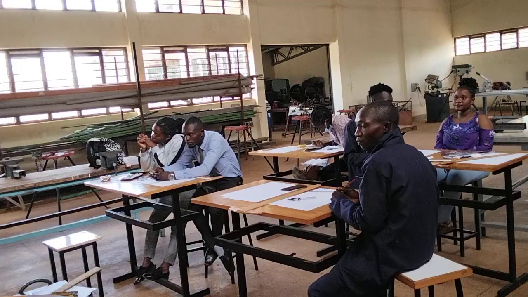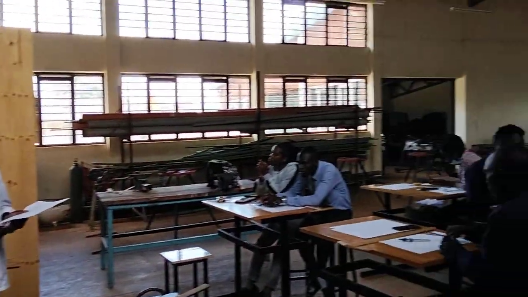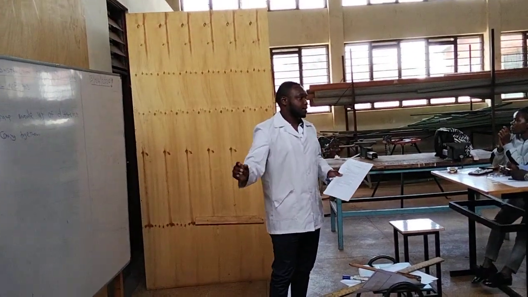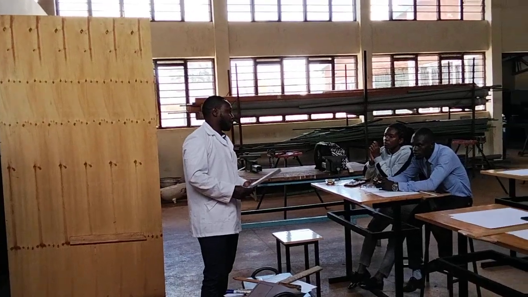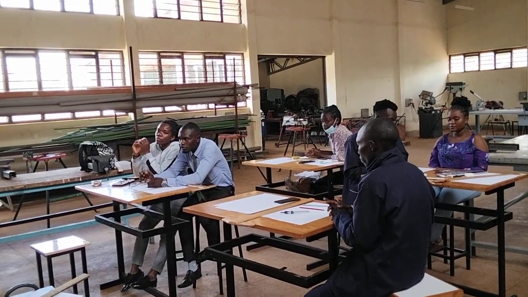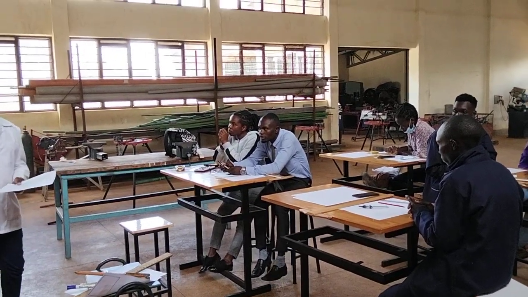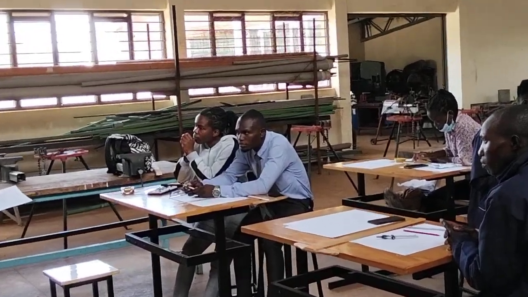Very good. Can you clap for him? He's saying from A we construct an angle of 60, and at B we construct an angle of 45. Next step. Yes, James? You bisect AB, that is drawing a perpendicular to line AB.